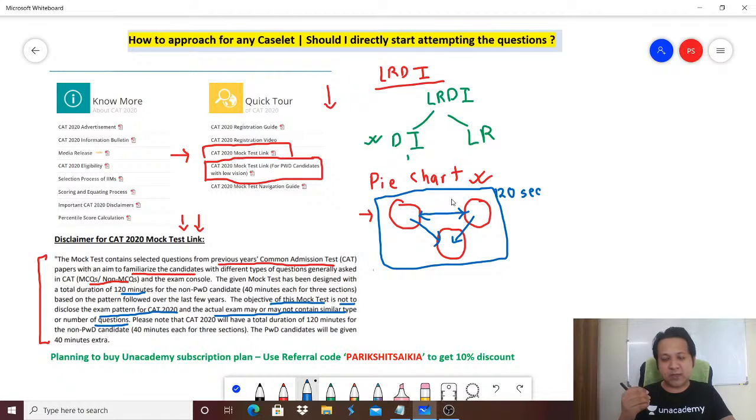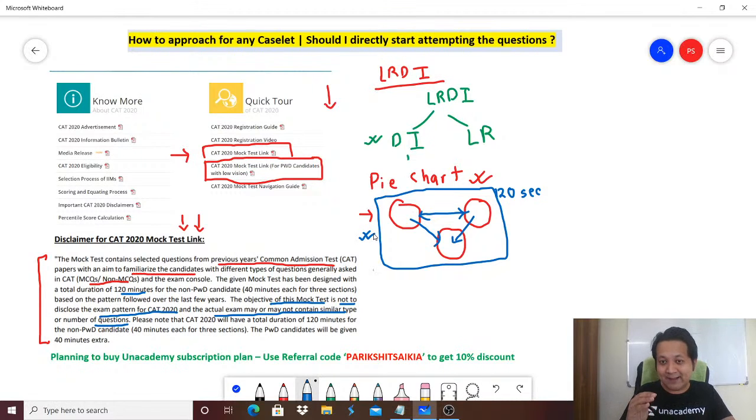Do not look at the questions, because if you look at the questions, at least 20% of your brain is focused on thinking about the questions rather than understanding and trying to relate the data. So are you getting the point? Depending on the kind of questions, you decide whether you actually read the caselet or look at the questions first.